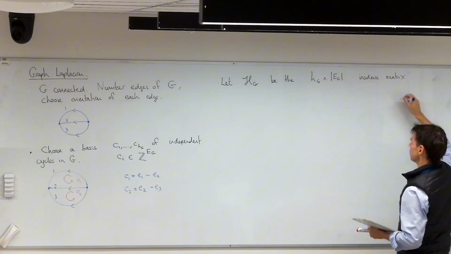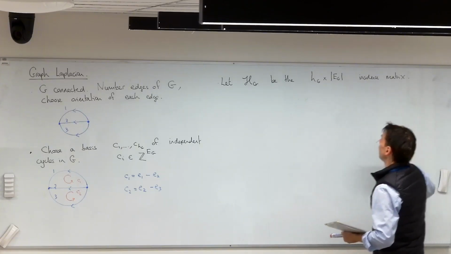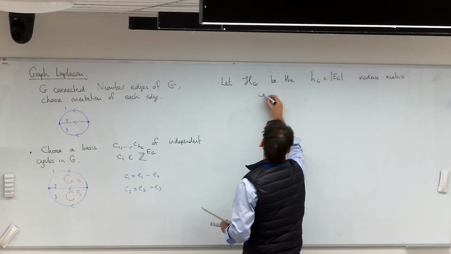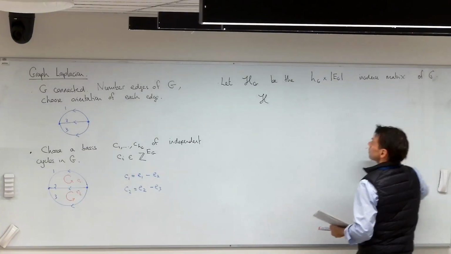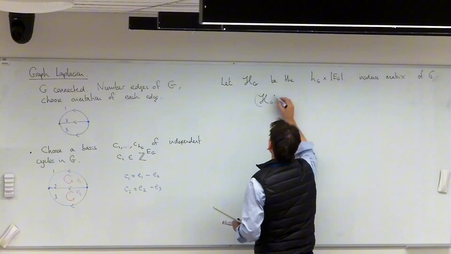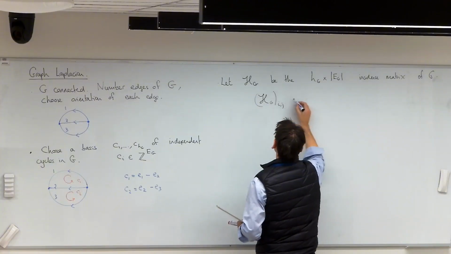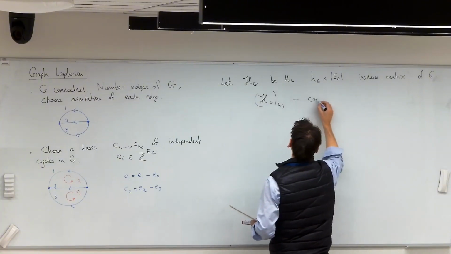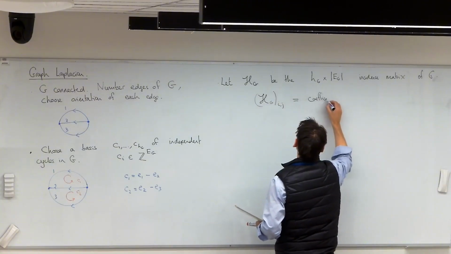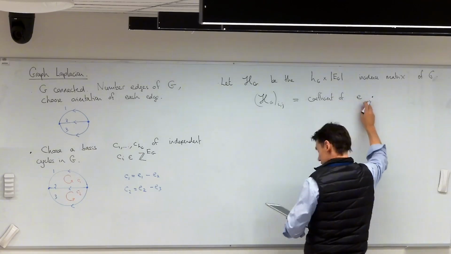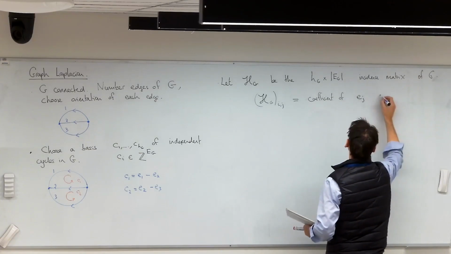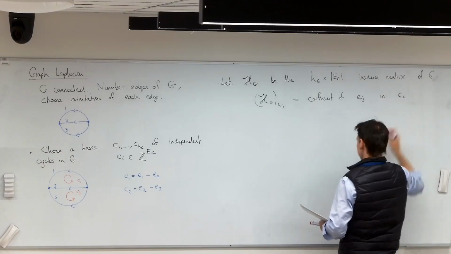I don't know what to call this. So H_G of i, j equals the coefficient of E_j in C_i.